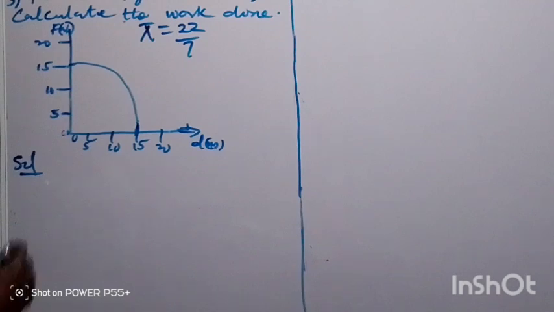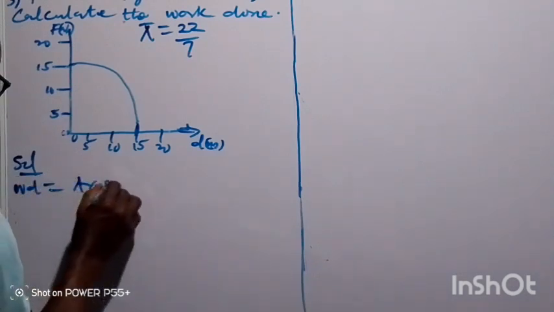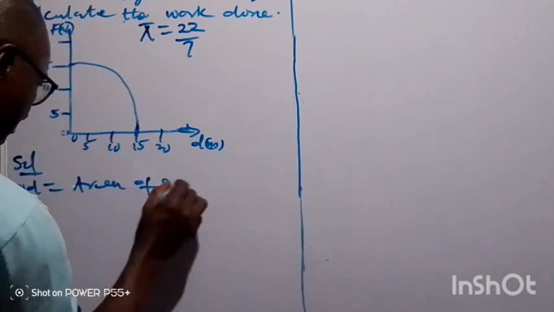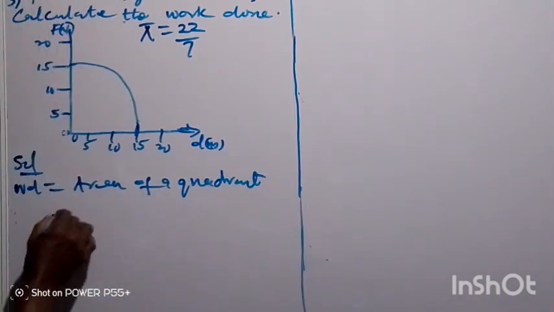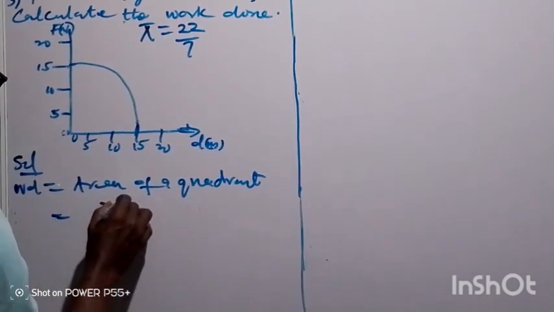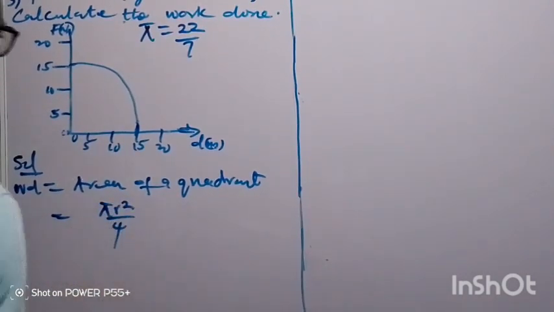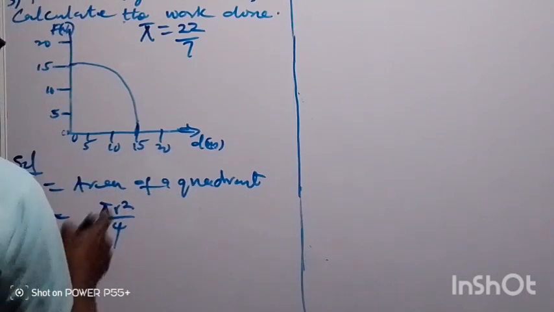So the work done will be equal to the area of a quadrant. And since this one is a quadrant, that will be pi r squared over 4. And mind you, our D is the same thing as r here.